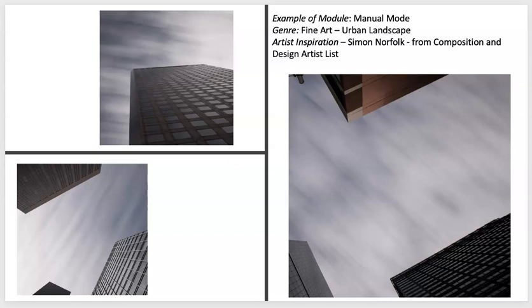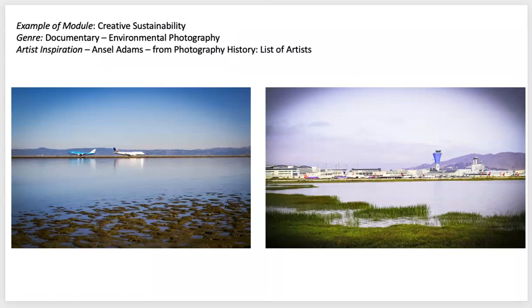So just a little bit of the cloud movement that happens sometimes in San Francisco. And then just looking up, and so a lot of graphic shape and form composition style. We had the cool learning unit about creative sustainability, and so this is looking at documentary environmental photography inspired by the artist Ansel Adams.